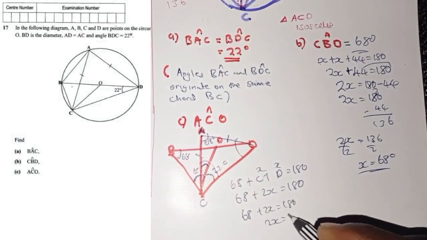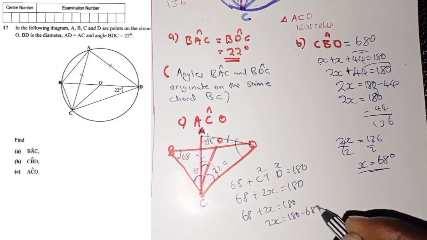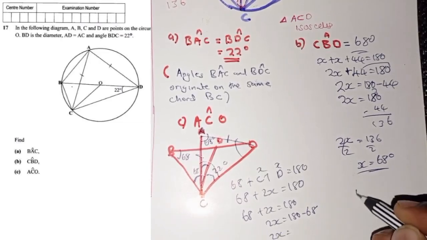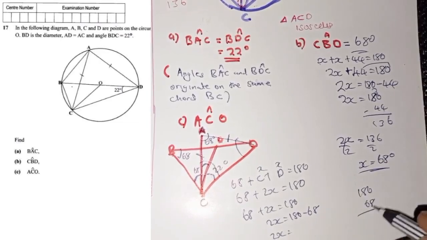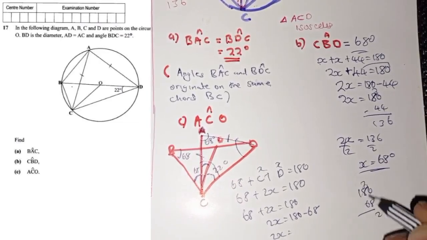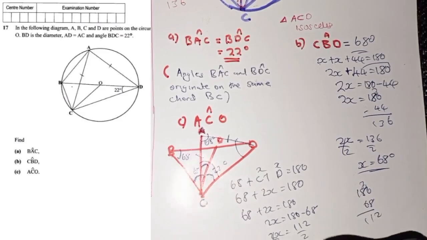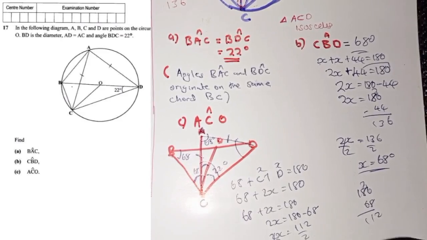So 2x is equal to 180 minus 68. And what do we get? 180 minus 68, we get 112, over 2, x will be equal to 56.